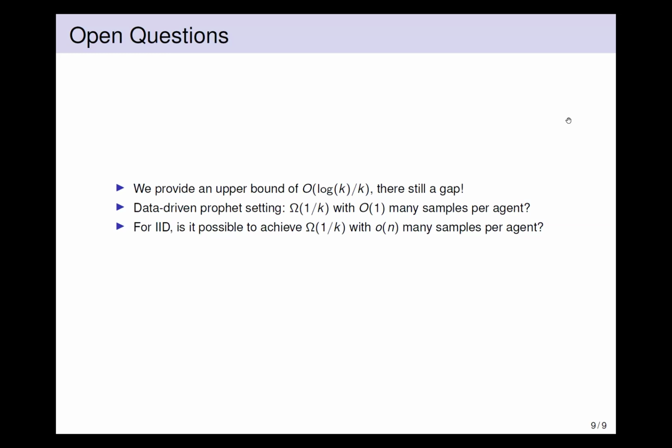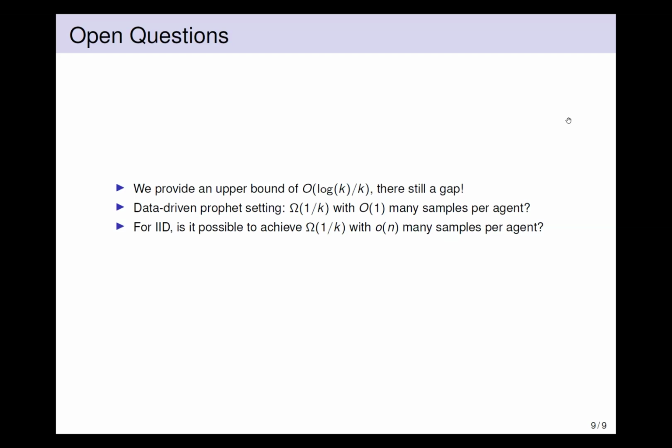A second question is, when you look at the data-driven variant of Prophet, the one that Andres presented yesterday, but now data-driven, so you only have samples. I think in that setting, the 1 over k is unknown.